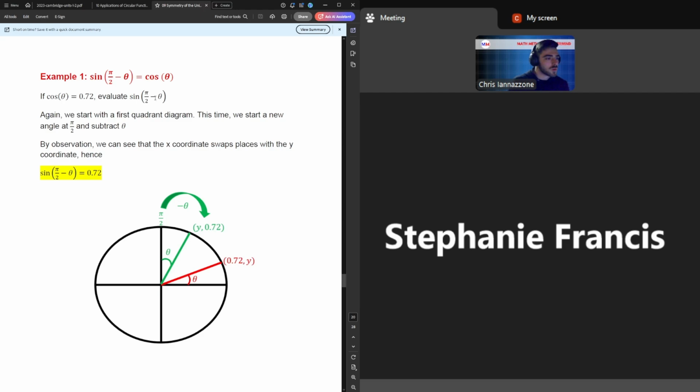Now, when it comes to pi over 2 plus or minus theta, whenever you have a fixed angle like pi over 2, that tells you your new starting point on the unit circle. So instead of starting at 0 and going anti-clockwise, you start at pi over 2 and, depending on the sign, go in one direction or the other.